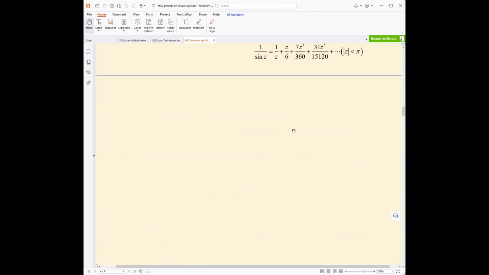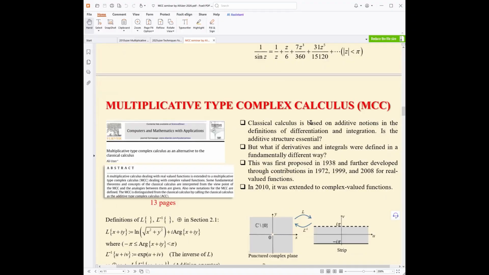Now the question is, classical calculus is normally based on additive notions or the subtraction operation. At the beginning, we subtract the two values of the function, and then divide by the infinitesimal distance. So we can say that it's based on additive operation or subtraction operation.